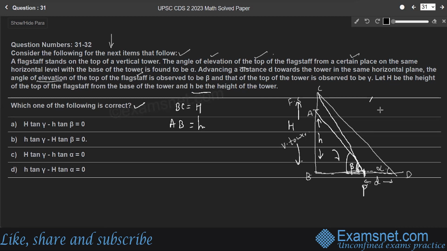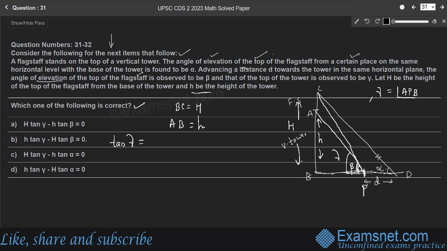So the relation between H tan gamma, h tan beta. Before going to the relation between tan gamma and tan beta, we'll find tan gamma and tan beta first. So tan gamma, since gamma is angle APB.